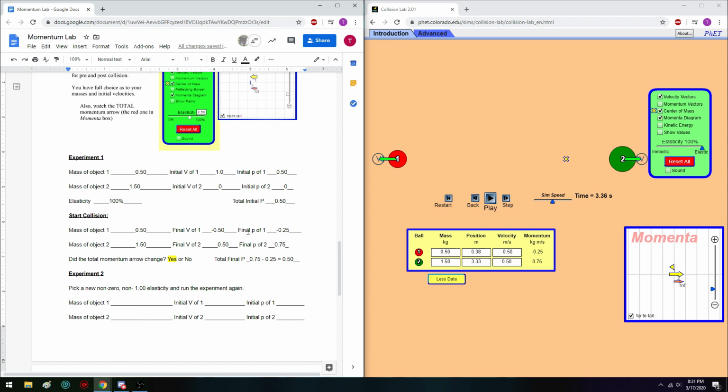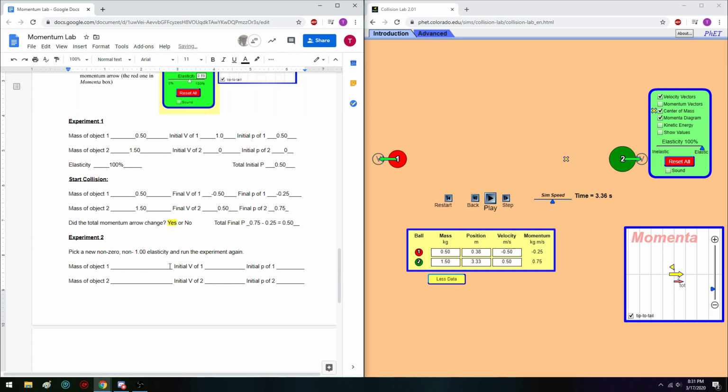So remember what we did yesterday, where we said that the total momentum is the final plus initial. But in this case, the initial one has a negative sign, so we just change that to a subtraction. So please don't forget that.